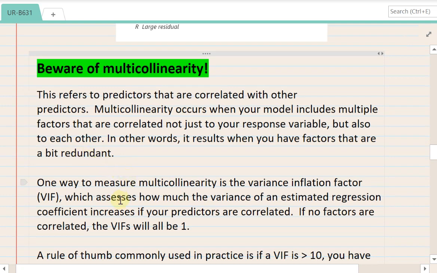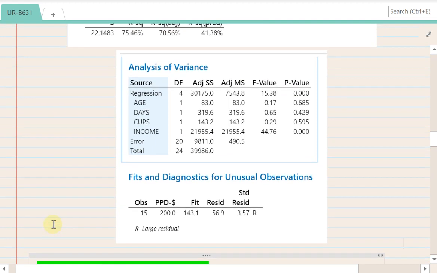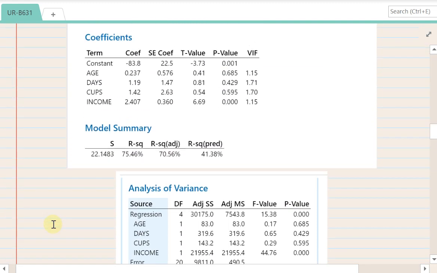And one way to measure multicollinearity is the VIF, the variance inflation factor. Now this variance inflation factor tells us how much the variance of the regression coefficients increases if your predictors are correlated. Notice right up here we have 4 different variance inflation factors.